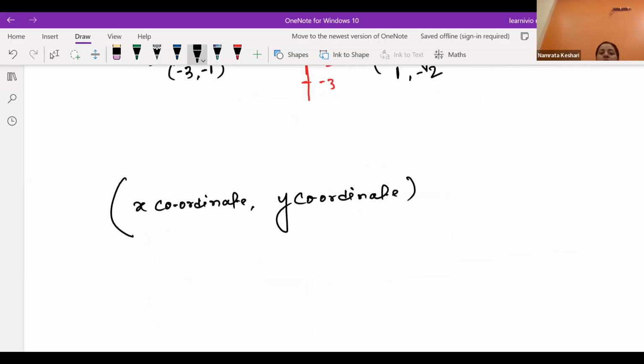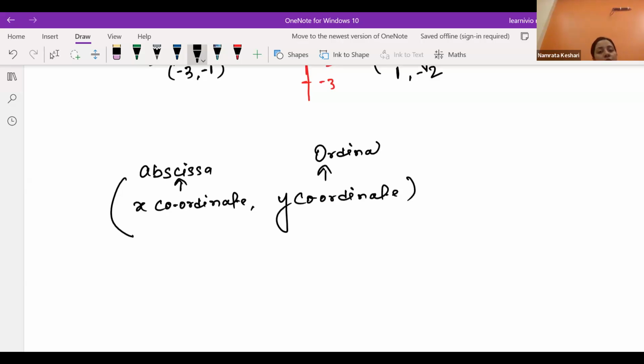This x coordinate is having one more name. We also call it abscissa. Just another name. Maybe my family calls me with a different name, maybe your family calls you with one more name. So it is just another name, abscissa. Abscissa means x coordinate. And y coordinate also has one more name, that is ordinate.